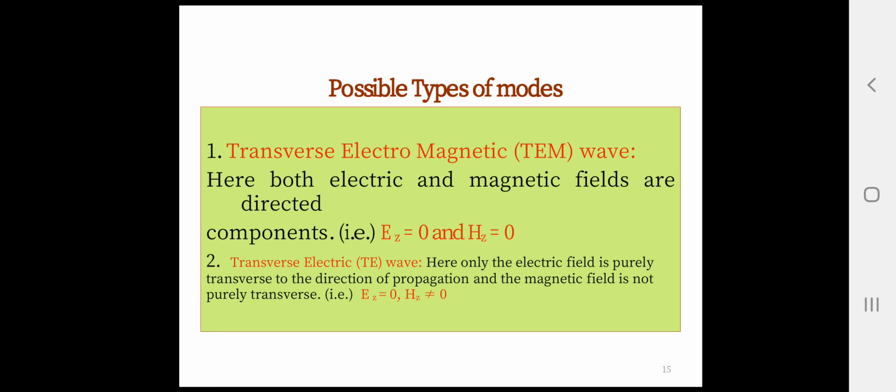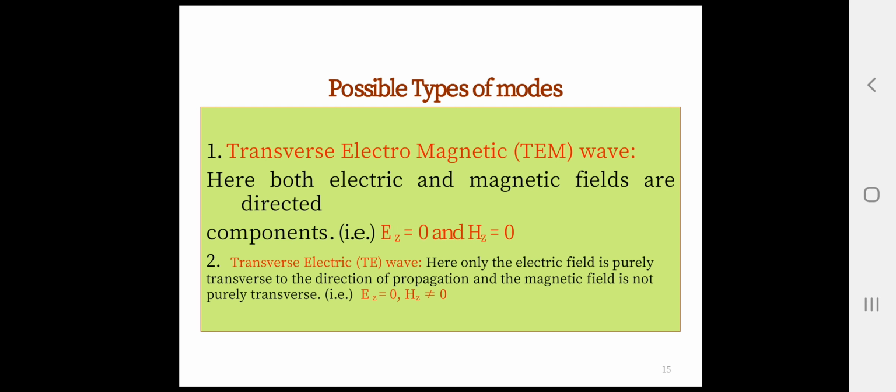TEM stands for transverse electromagnetic wave. Here both the electric field and the magnetic field are directed transverse, meaning this mode of configuration consists of both electric and magnetic fields. In this case, the electric field Ez in the direction of propagation is 0, and the magnetic field Hz is also 0.